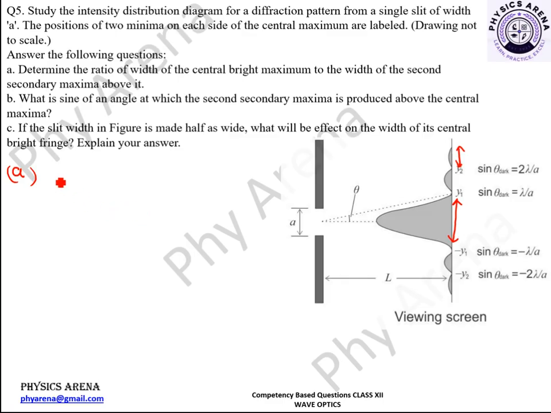So the width of central maxima can be obtained as y1 minus y1 dash. I'm calling it y1 dash. The width of central maxima is the distance between the two central minima on either side of the central maxima.